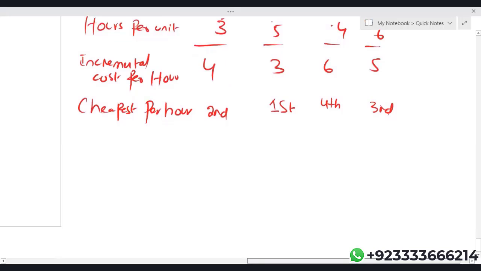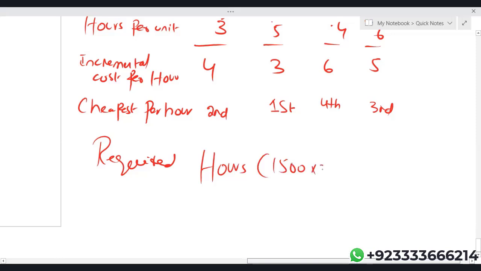Now we have already calculated that required hours are 27,000. Required hours: 1500 into 3 plus 1500 into 5 plus 1500 into 4 and 1500 into 6.